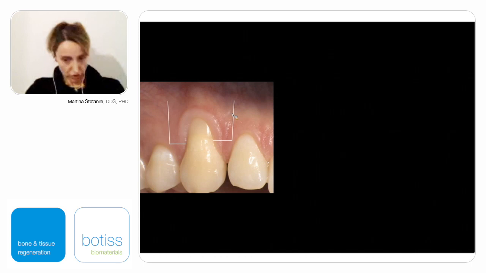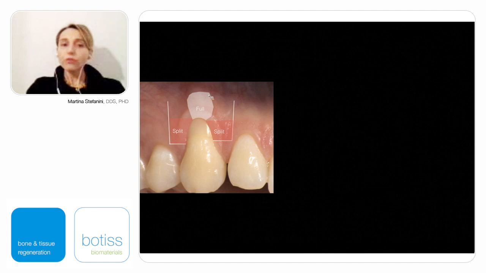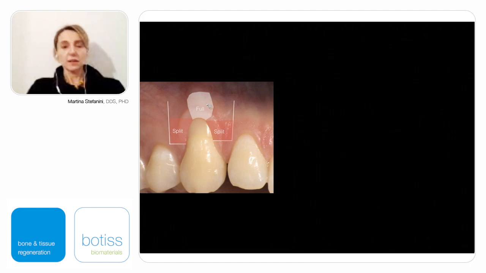cemento-enamel junction. Then flap elevation should be done in a split thickness way at the level of the anatomical papilla, and then full thickness in the central portion of the flap. We need to reach the bone crest with full thickness and then overcome it for 2-3 millimeters.